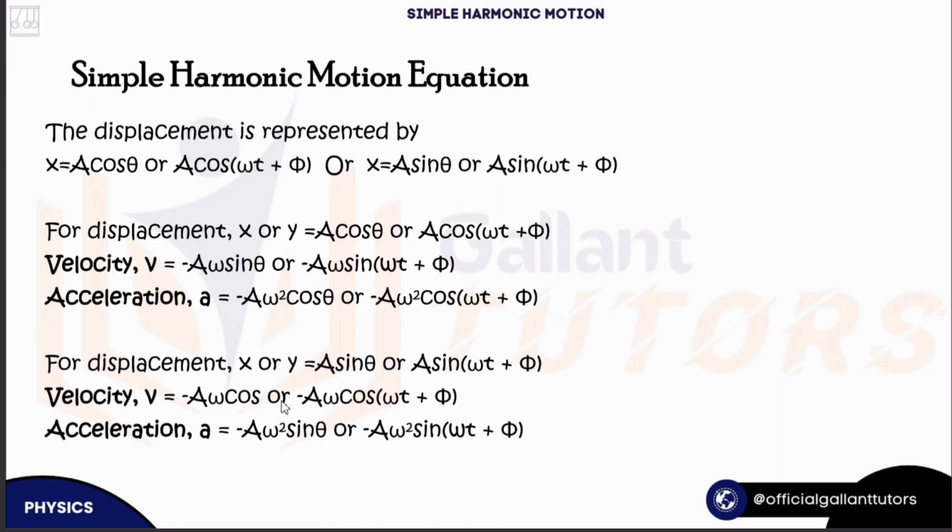Okay, now the displacement, which can be represented either by x or y. Let me make it x, which is equal to the amplitude times cos theta, or A cos theta. This theta can be expanded to include the instantaneous phase. Exactly.